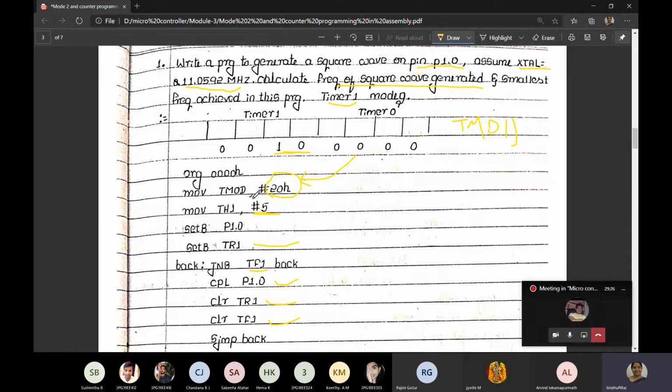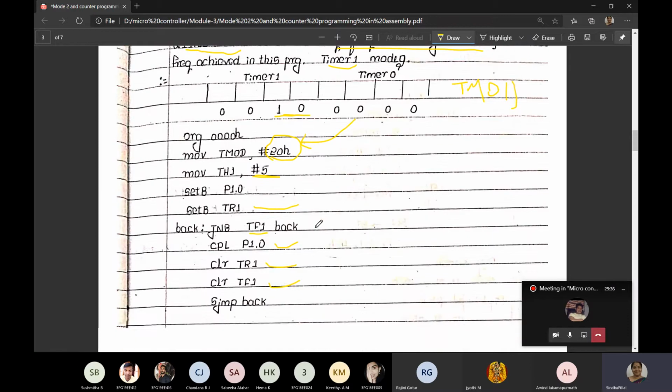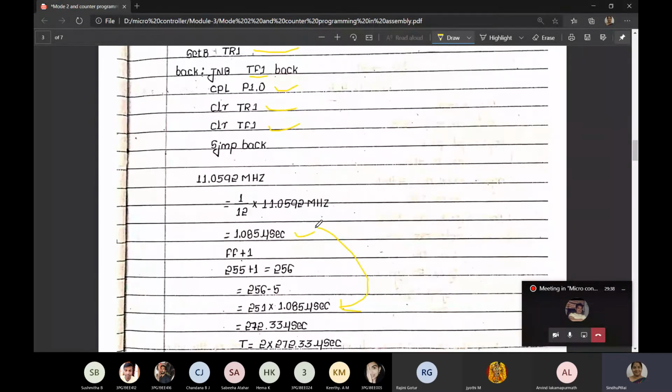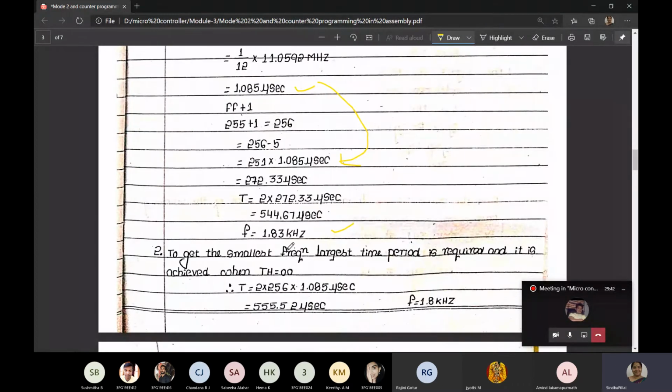From the maximum count, this 5 is subtracted, because it will not start from 256, since 5 is already taken. So you have to subtract the 5. So take 256 minus 5. Frequency is 1.83 kilohertz.